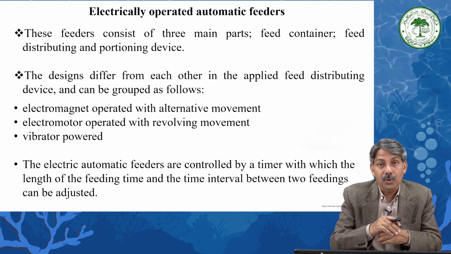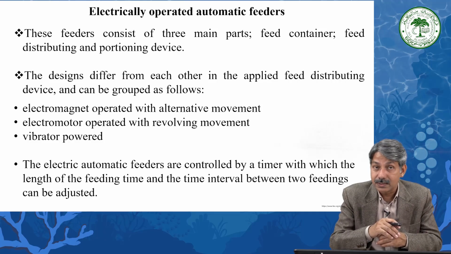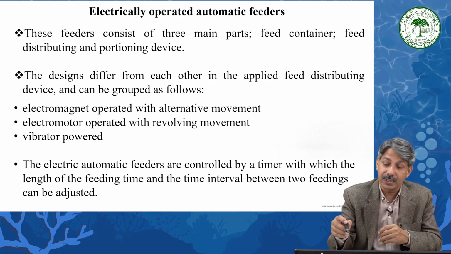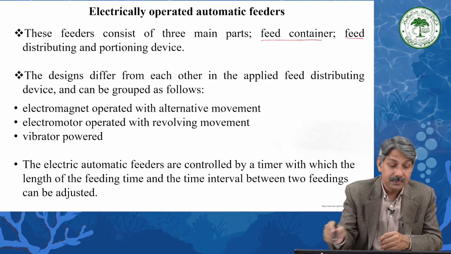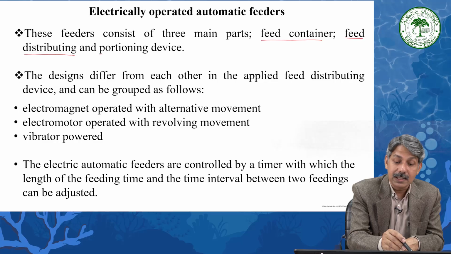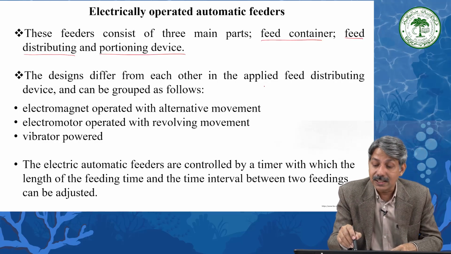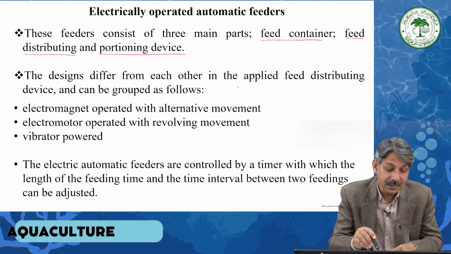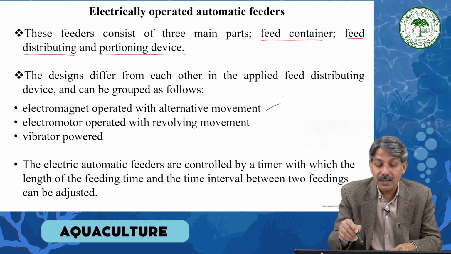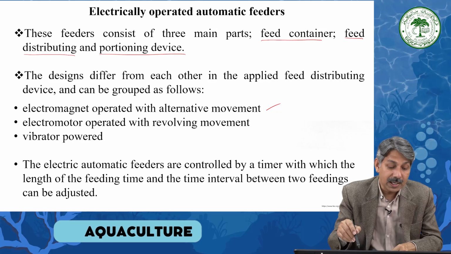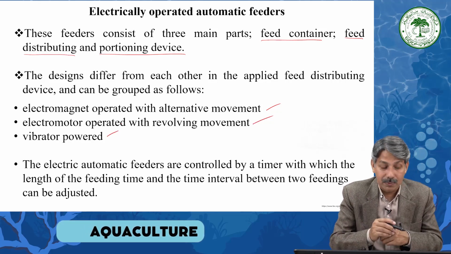Electrically operated automatic feeders. These feeders consist of three main parts. What are these three main parts? Feed container, feed distributing, and portioning device. The designs differ from each other in the applied feed distributing device and can be grouped as follows: electromagnet operated with alternative movement, electromotor operated with revolving movement, and vibrator powered.